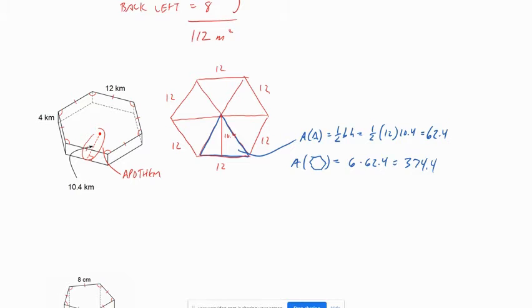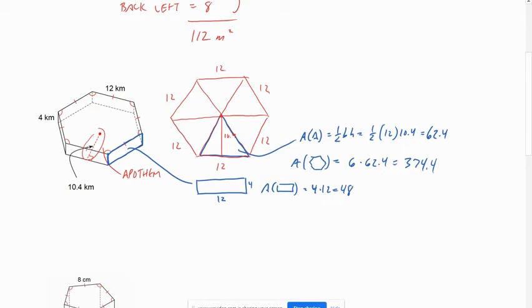And then we have 6 walls that wrap around. Now each rectangle measures 12 by 4. And so one rectangle is equal to 48. 4 times 12 is 48.